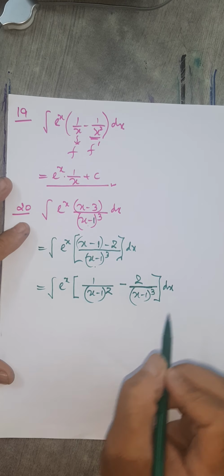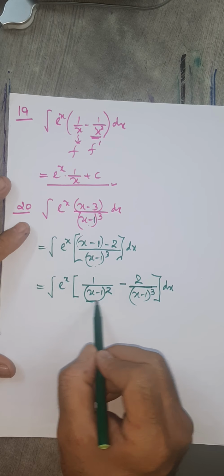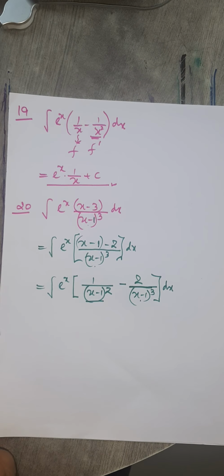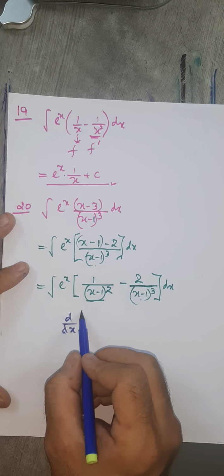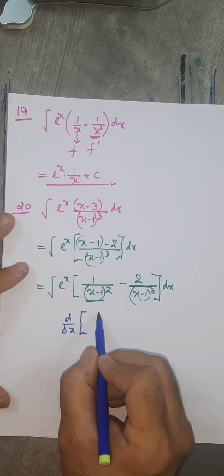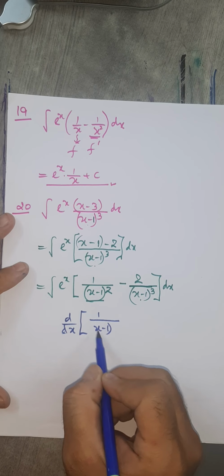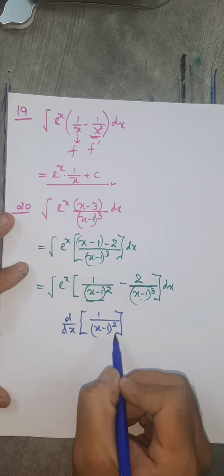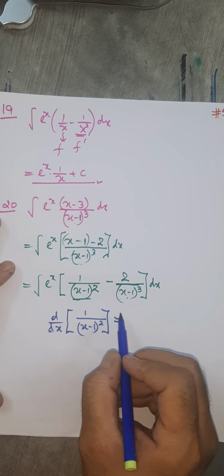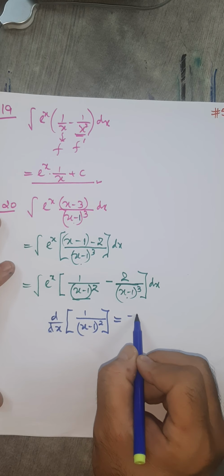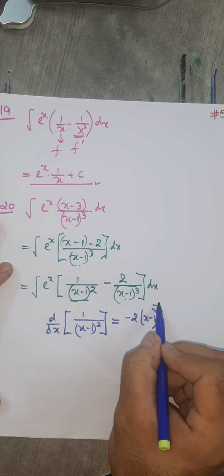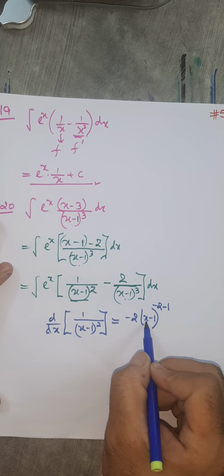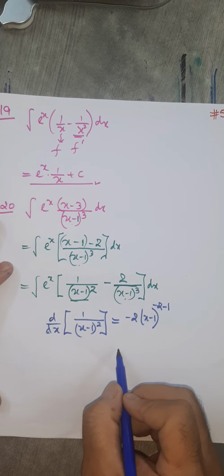Now the only thing you need to check is whether the derivative of this is this or not. So let's check that. Here d by dx of 1 upon (x minus 1) the whole square. So how do we do this? This is in the denominator, so you have minus 2 into (x minus 1) to the power minus 2 minus 1, into the coefficient of x, which is 1.